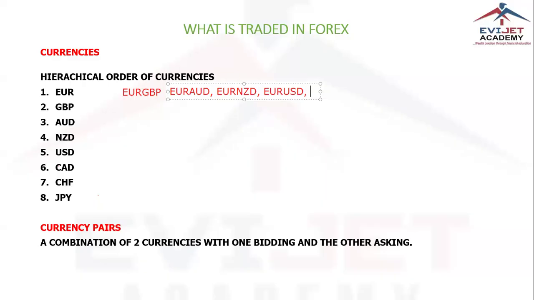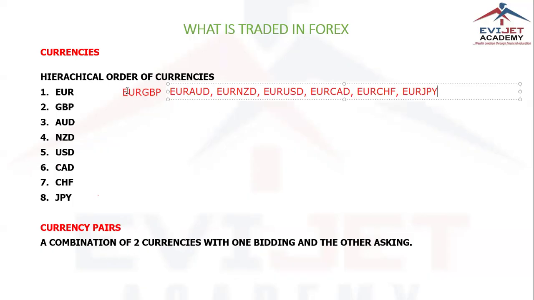After that, the next one would be Euro CAD. After that, the next one would be Euro CHF. The next one will be Euro JPY. Okay, so this is for Euro.